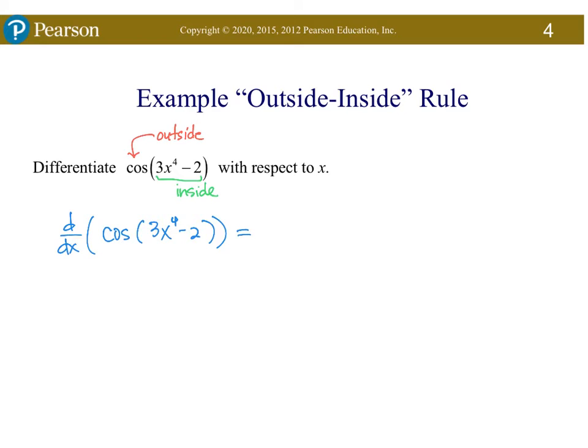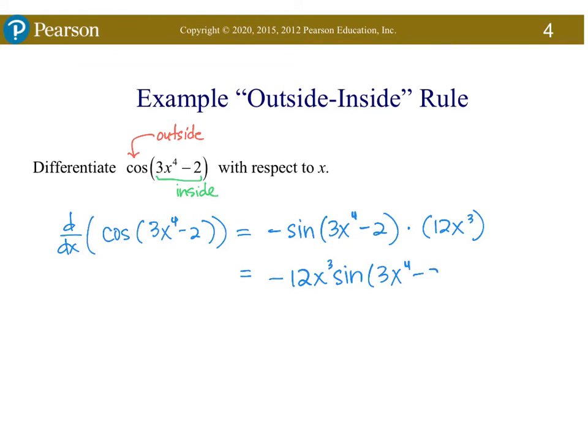So we'll start with the outside. The derivative of cosine is negative sine. 3x to the fourth minus 2, and then the chain on that would be the derivative of the quartic function, which is 12x cubed. And so to put all that together, you would say negative 12x cubed written in front of the quantity sine 3x to the fourth minus 2.